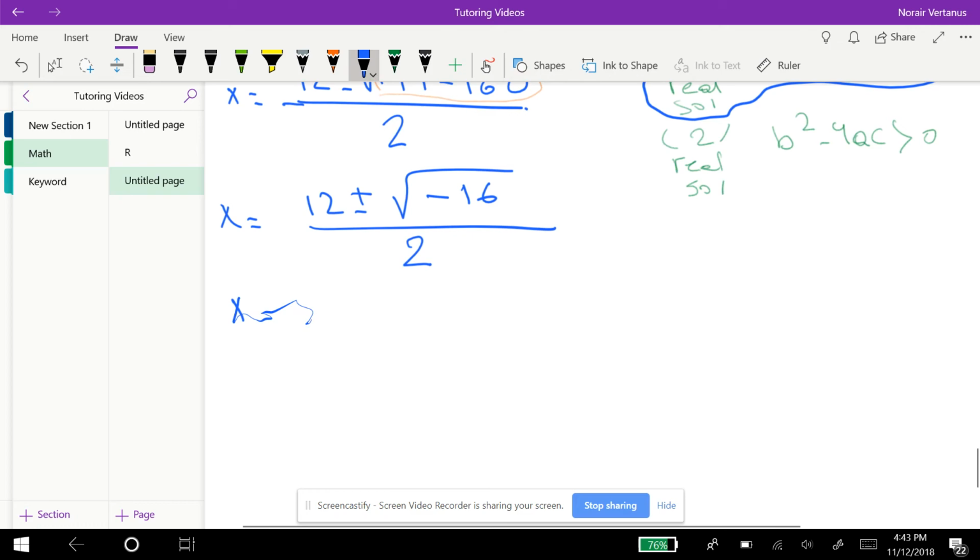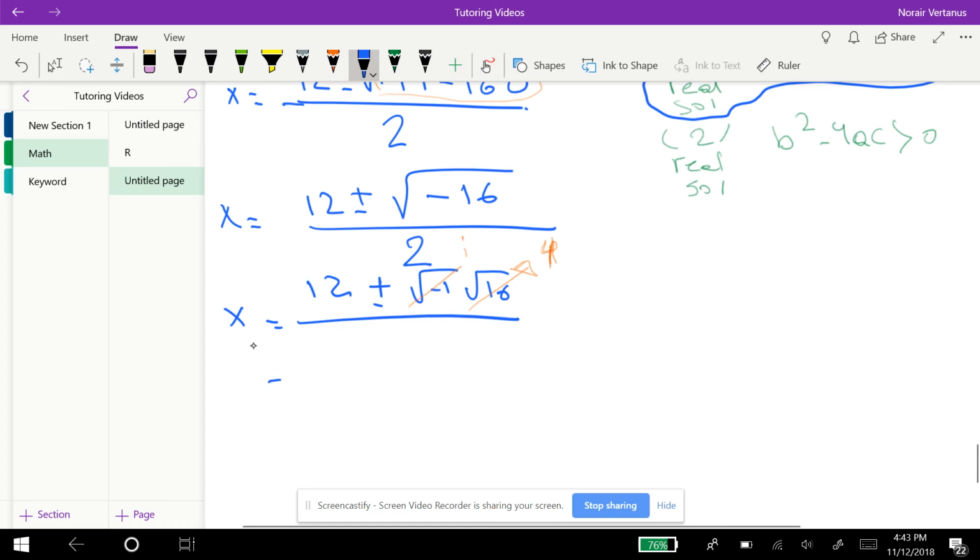X equal to 12 plus minus, that's the same as radical negative 1 times radical 16. And radical 16 is just 4. And radical negative 1 is just i.